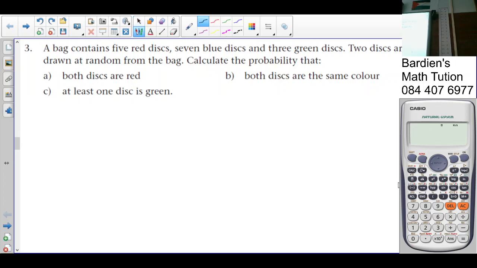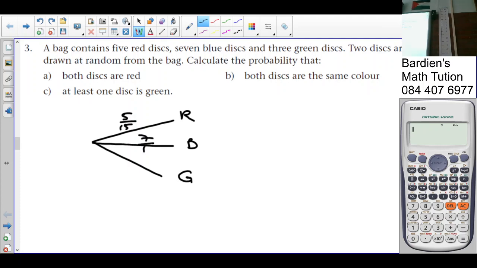If you draw a tree for the first count, it can either be red, blue, or green: 5 out of 15 red, 7 out of 15 blue, and 3 out of 15 green. You all agree with that? Irrespective of whether the disc is replaced or not, the first event remains the same. The 2 discs are drawn at random from the bag.